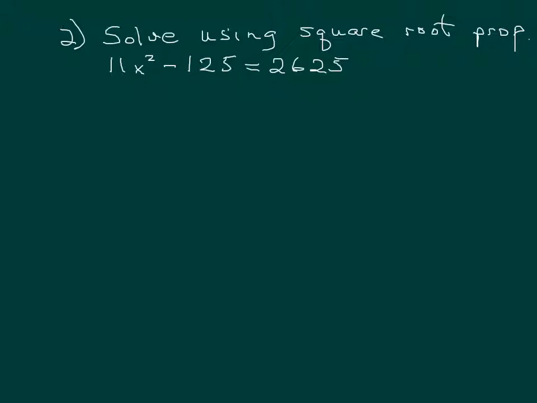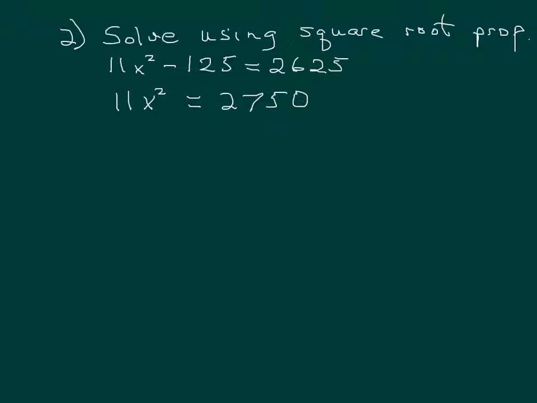Let's start by getting that. We have 11x squared, but negative 125 does not have any x's in it, so we add it to both sides, and we get 2750, because 2625 plus 125 is 2750.